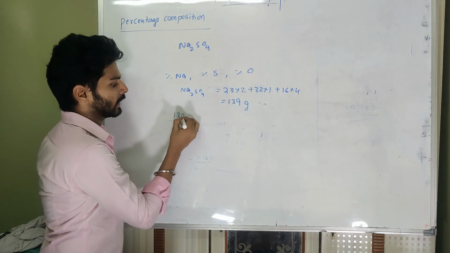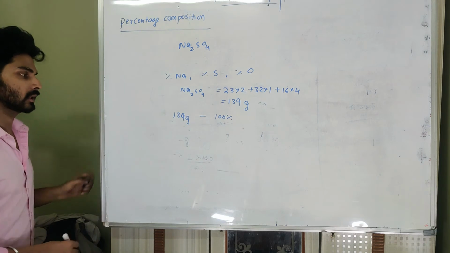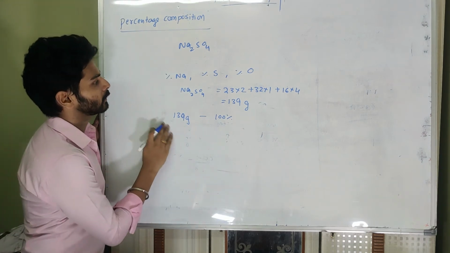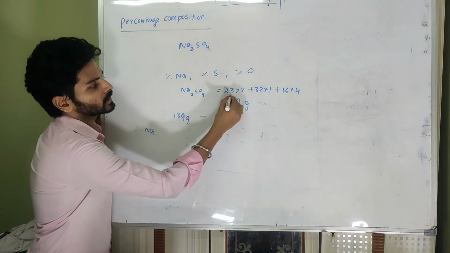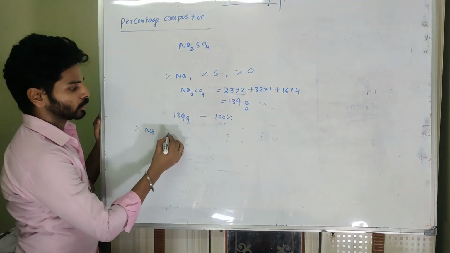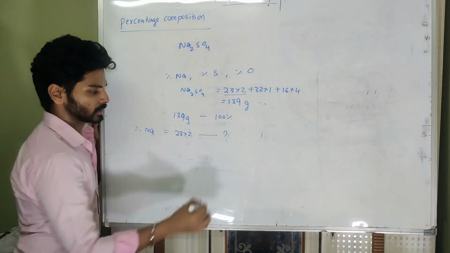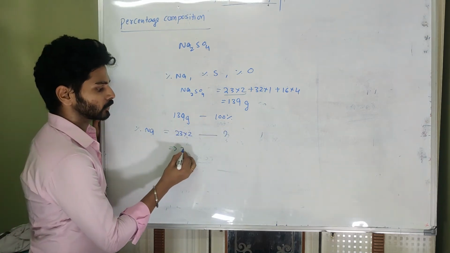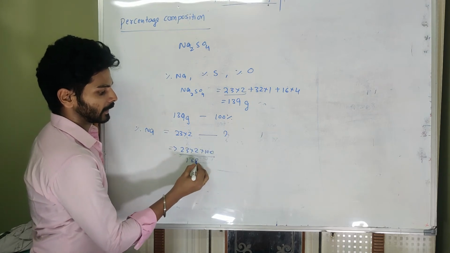So 142 is the total, 100% composition. Now if I want to calculate the percentage of sodium, I need to check out of 142 how much it is contributing. It is contributing 23 into 2. So this becomes 23 into 2 into 100 divided by 142.